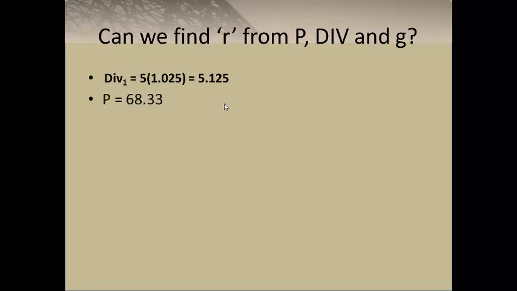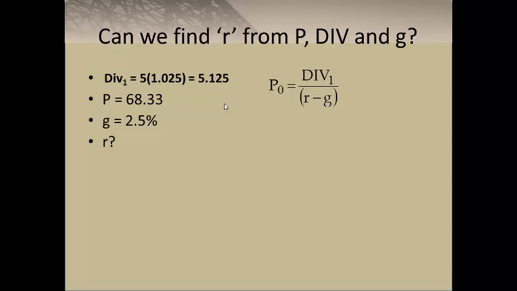Now the price is given as 68.33 from the previous slide as well. If g is 2.5%, which you've just seen, what is R? Well, we know that P0 is Div1, which is the dividend we receive at the end of this year, divided by R, the discount rate, minus g, the growth rate of dividends.